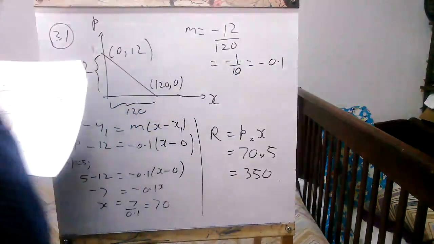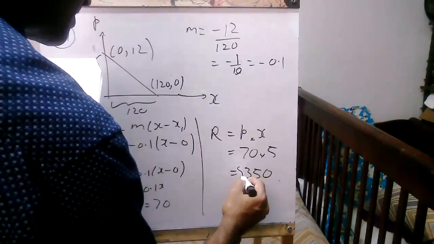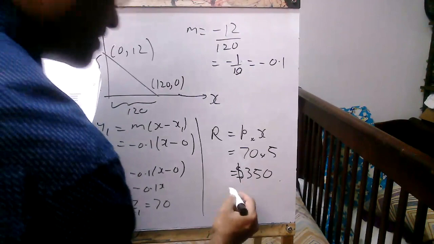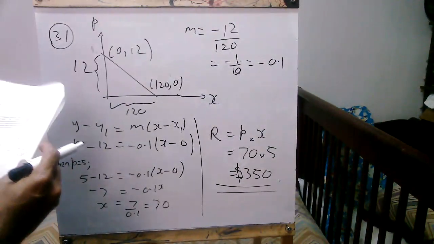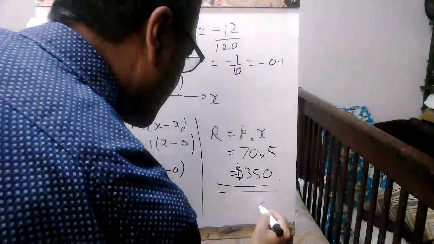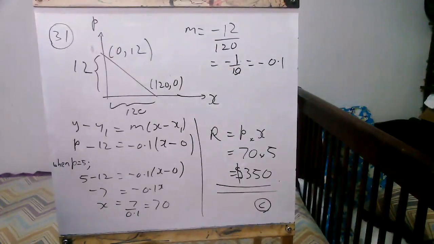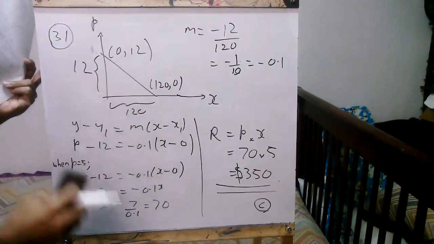Right? This is in dollars revenue. That's the answer, and the answer to C. Okay, that's 31.